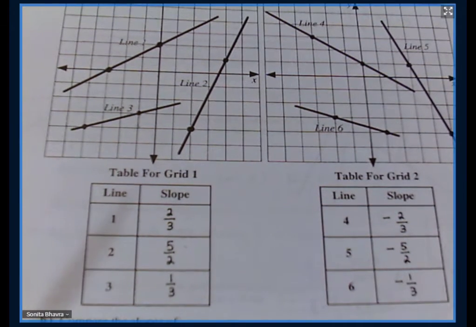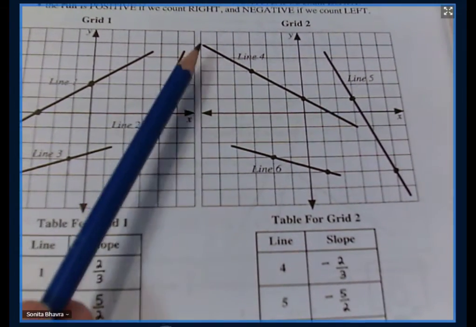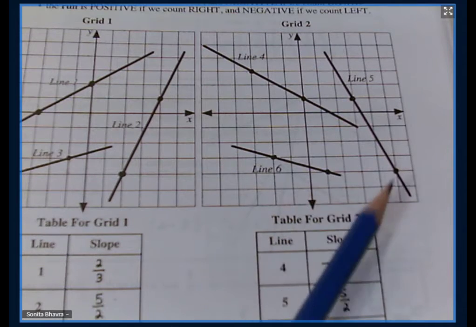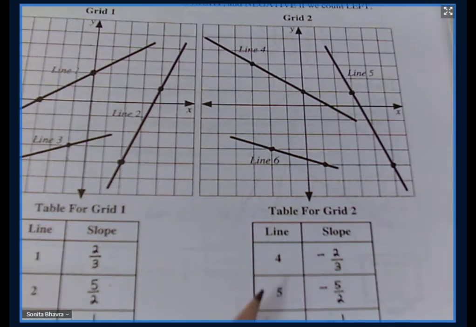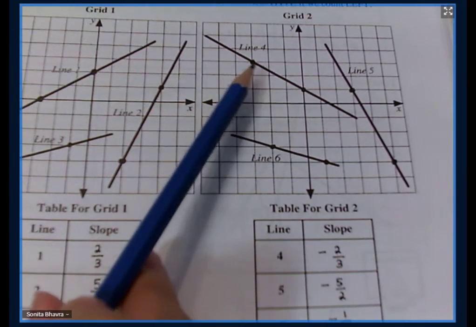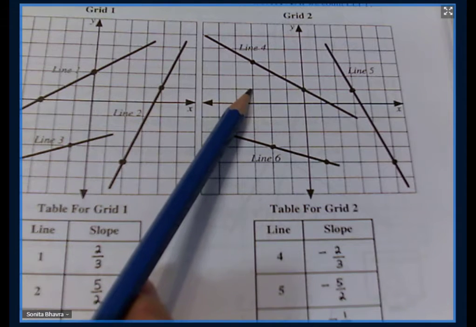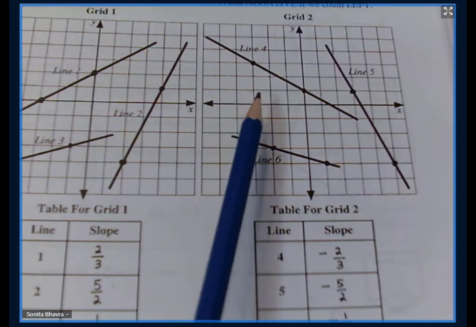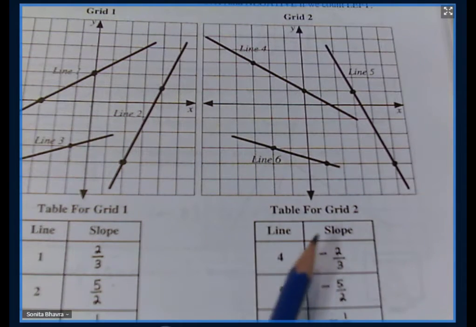Let's look at our lines on grid 2. Notice they're all going down from left to right. When we calculate rise over run here, because we're counting down 1, 2, we use that as a negative. So our rise is negative 2, our run is 1, 2, 3, so our slope is negative 2 over 3.